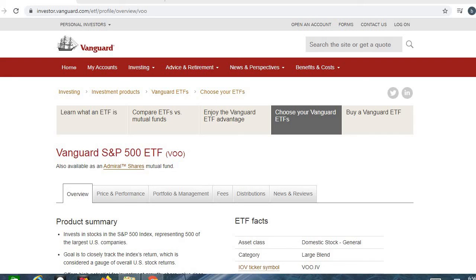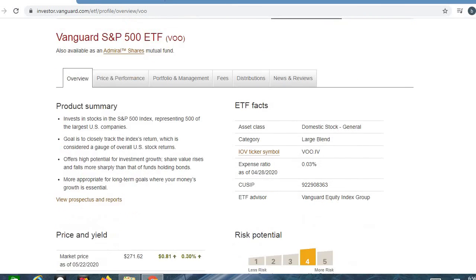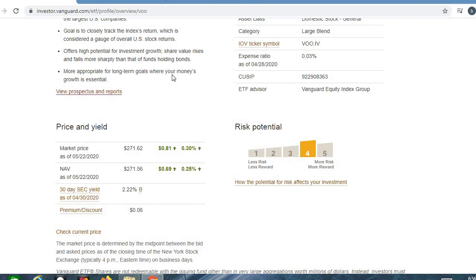Its goal is to closely track the index return, which is considered a gauge of US stock returns. It offers a very high potential for investment growth. Share values rise and fall more sharply than that of funds holding bonds.